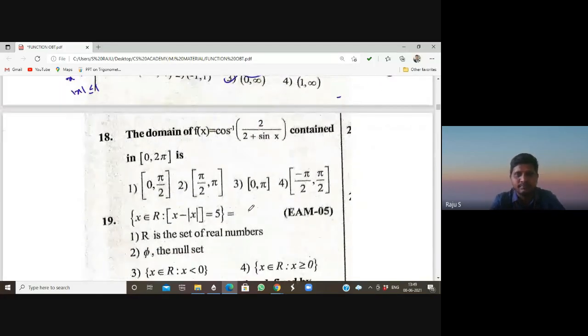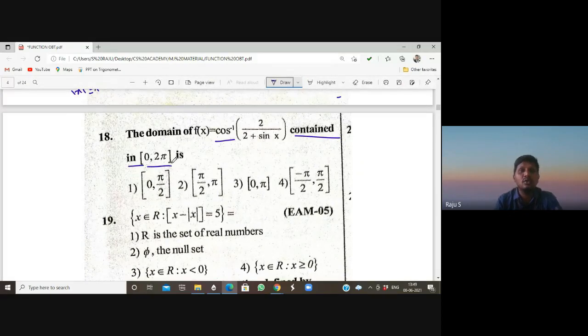Right, 18th question. Cos inverse of (2 plus sin x)/2 contained in 0 to 2 pi is... anyone? Is it pi by 2 or 0 to pi?